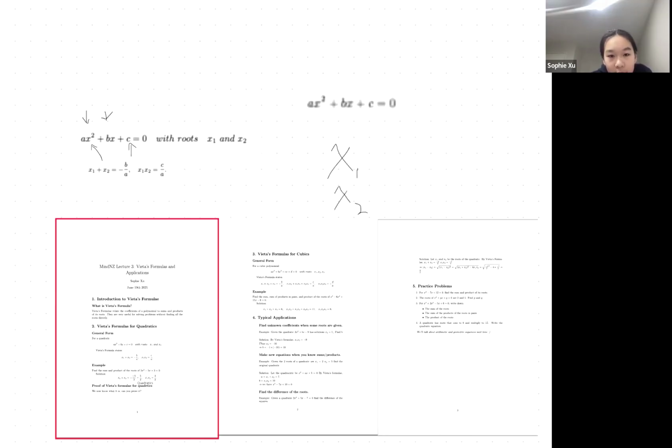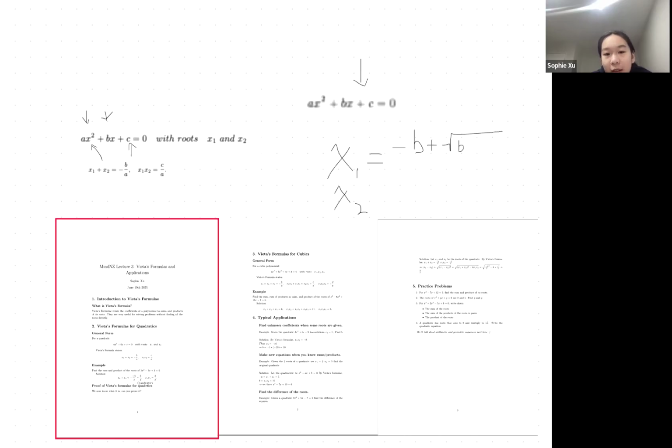Equals negative b plus or minus, and if it's not clear, the a, b, c are taken from here, these a, b, c, by the way.